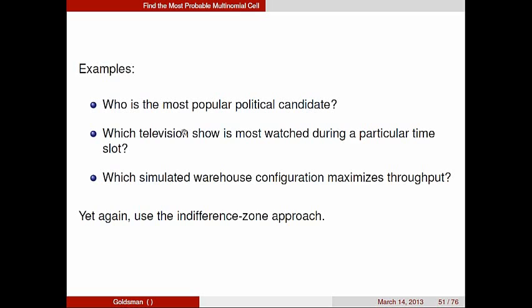Which TV show is the most watched during a particular time slot? Although, of course, with cable and TiVo and things like that, it's becoming harder to tell what a time slot means. In simulation, which simulated warehouse configuration maximizes throughput or has the highest probability of delivering the proper throughput? These are all examples of multinomial observations. And again, I'm going to use an indifference zone approach in attacking this problem.